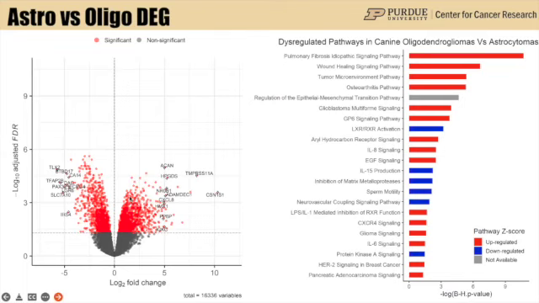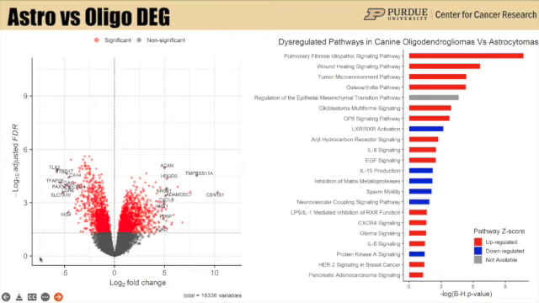And so we did a differential expression analysis between astrocytomas and oligodendrogliomas. Here we've highlighted the top 20 genes, the top 10 downregulated and the top 10 upregulated. And here again, you can see CXCL8. This is a known immune suppressive gene, and it is expressed higher in oligodendrogliomas.